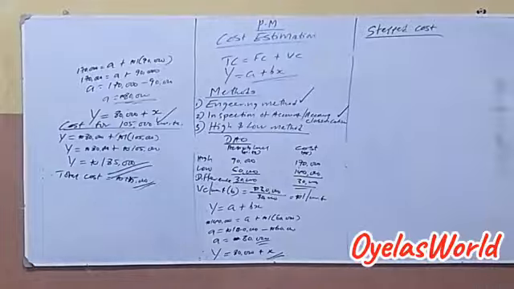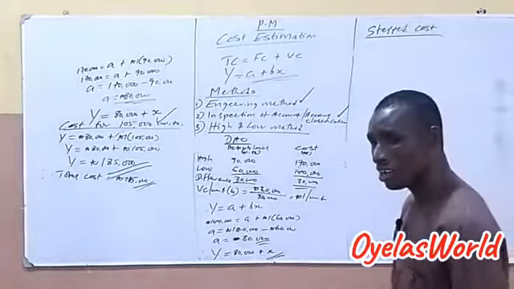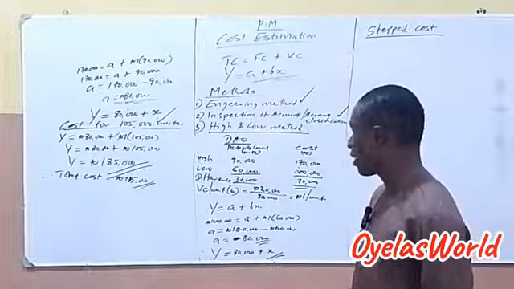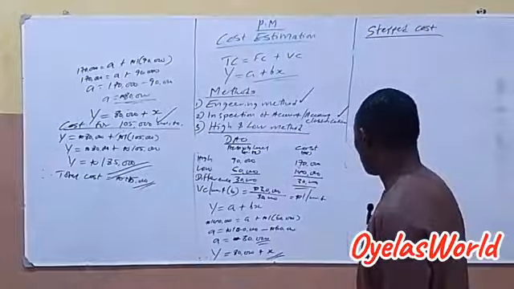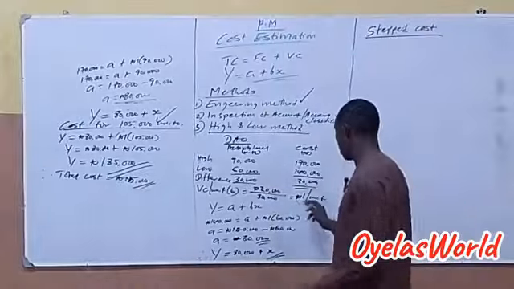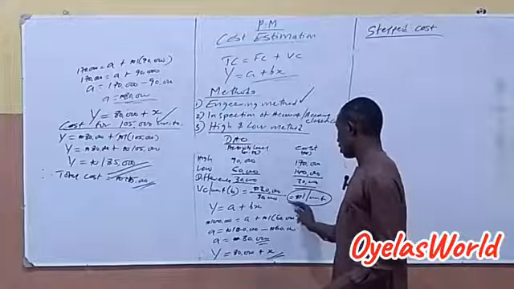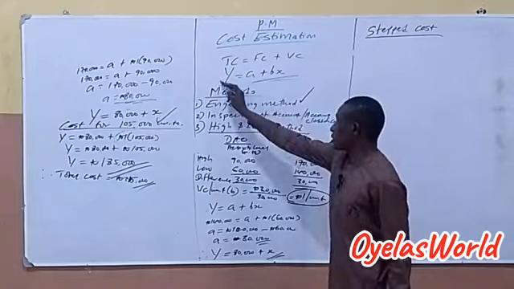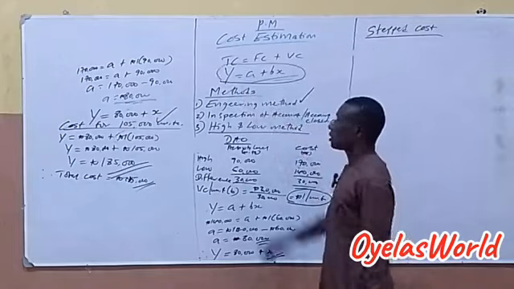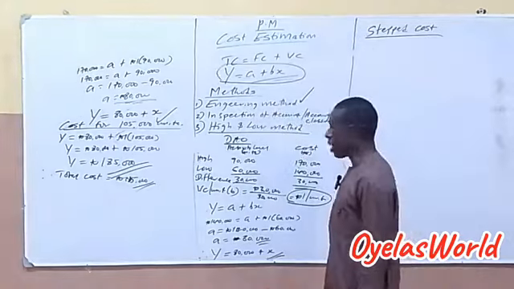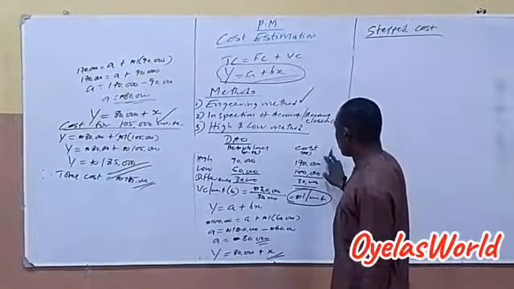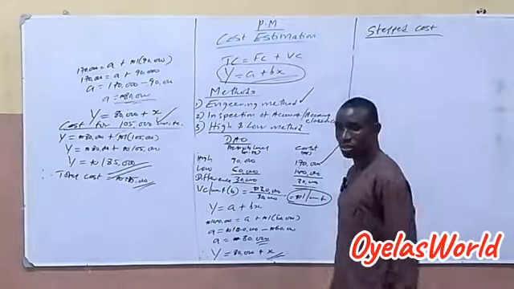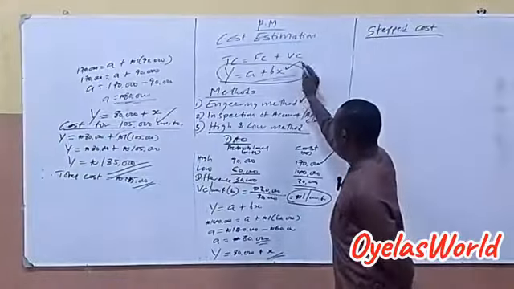How did I know? Because you have seen the formula for your cost function. Am I right? And in the cost given to you, you have seen the total cost and the activity level.